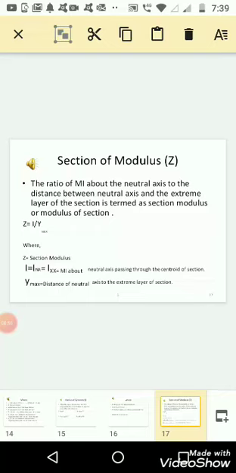Now, curiosity will arise about what the neutral axis is. If we take a rectangular section and take its center of gravity or centroid, when we cut it in half in the x direction, horizontally, or in the y direction, vertically, it is at the midpoint of the complete section.